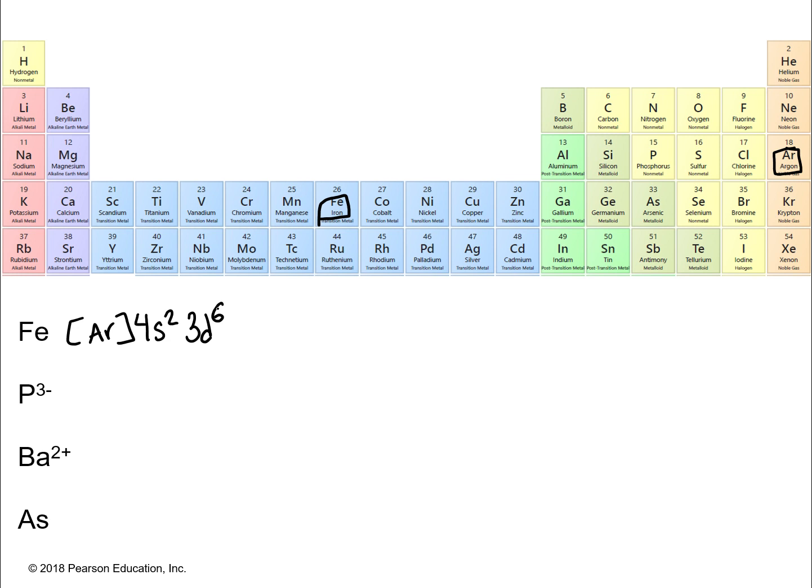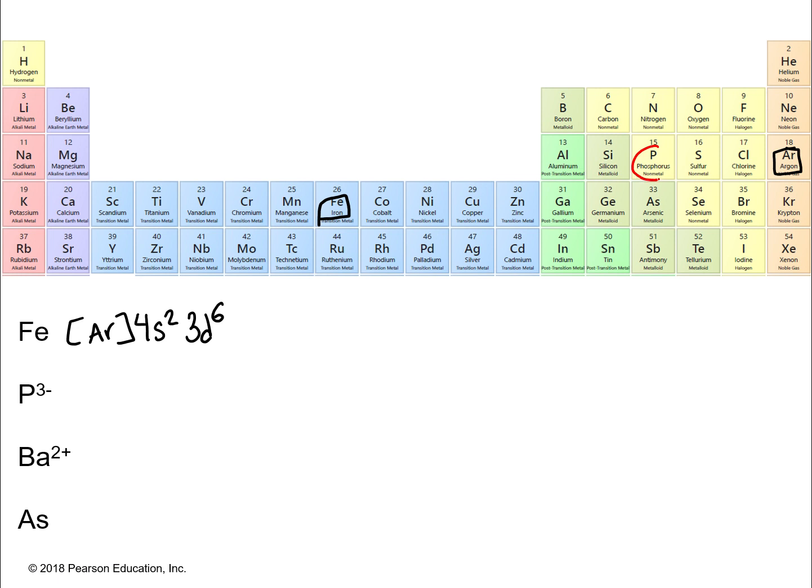And if you need help with this one, you can say help. So we're looking at the phosphide ion. What configuration did we put for that? Okay. Let me choose a different color here.